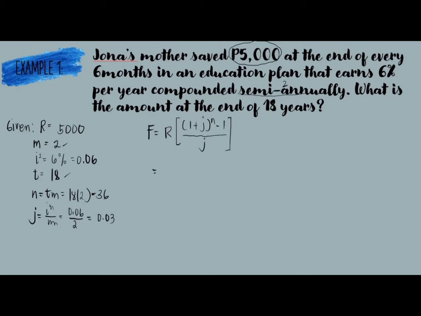Okay. So now let's substitute all the givens. So our regular payment is 5,000 times the quantity of 1 plus J, J is 0.03, raised to N, 36, minus 1 over J, which is 0.03. So, again, we have only substituted the givens into the formula.